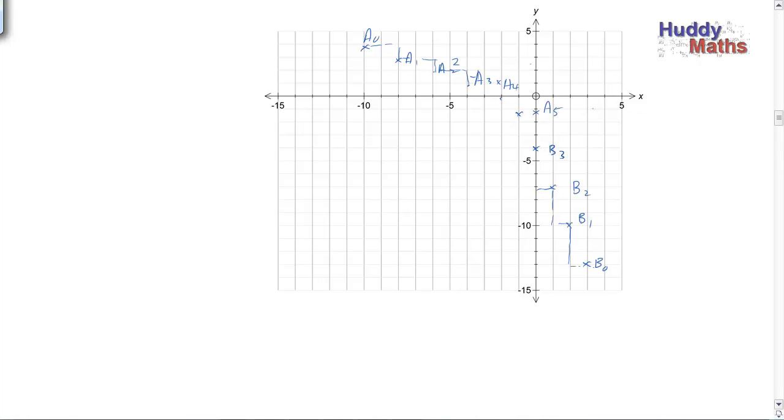Neg 1, 3. Very good. So this is B4 and neg 1, 3 up here, B5. Okay. So it is the same each time. Neg 1, 3 and neg 1, 3 and so on. So again, the path is straight for both of them because we have a constant gradient.